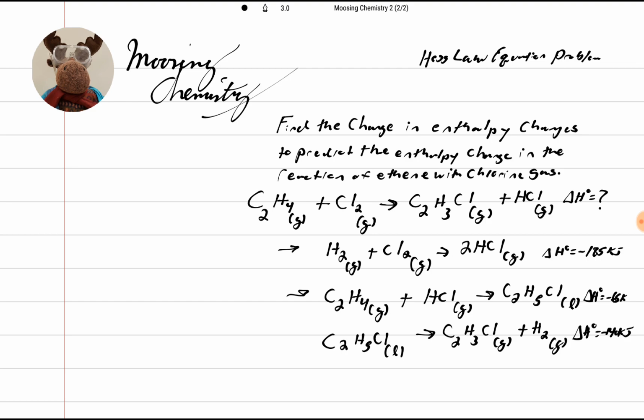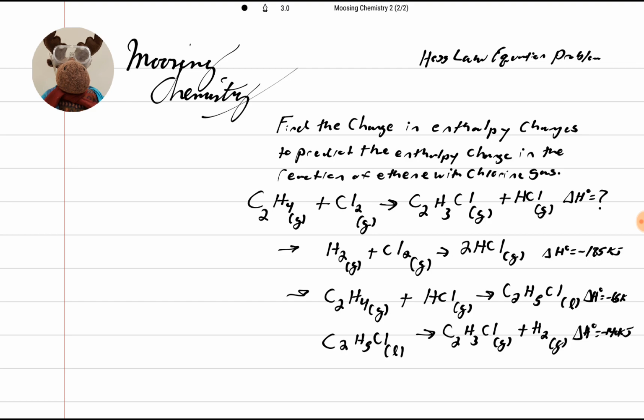And we've got the HCl on this side, which will be okay because we're going to cancel one of those. But what we want to get rid of, of course, is the C2H5Cl, because it's not even in the equation. So we're going to want to get rid of that.